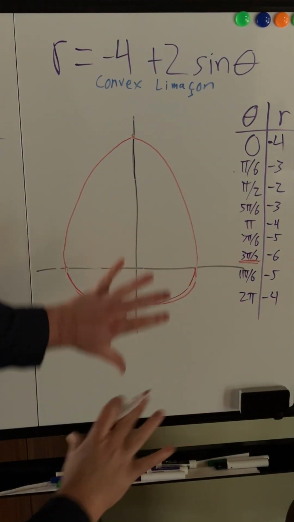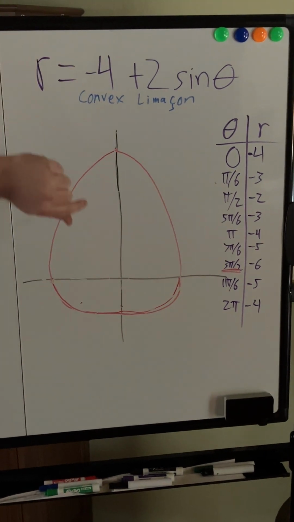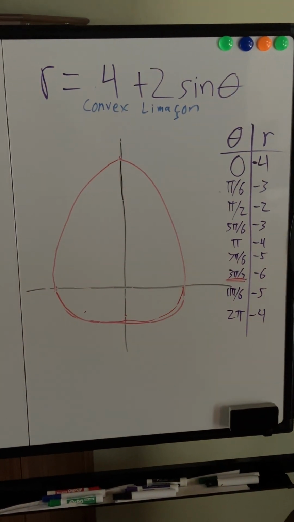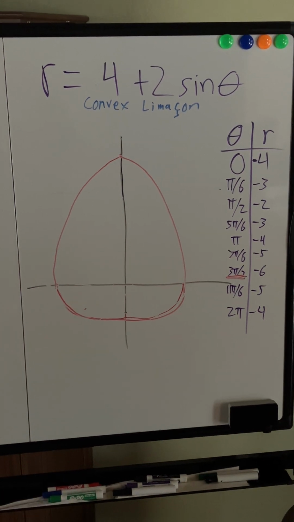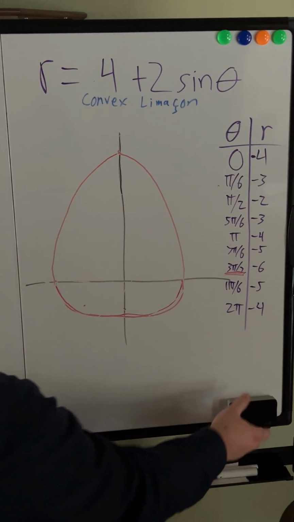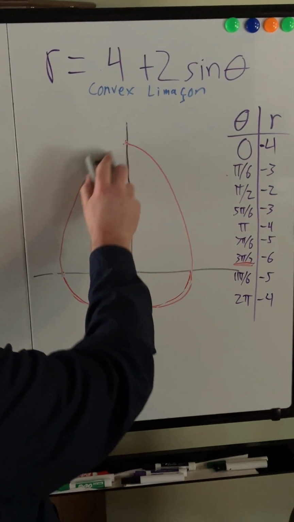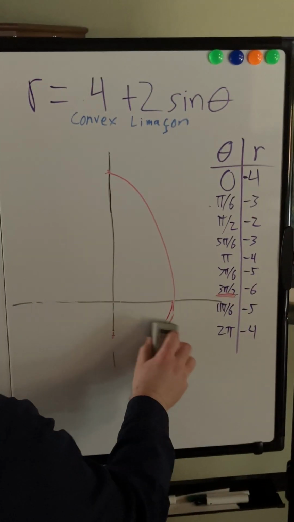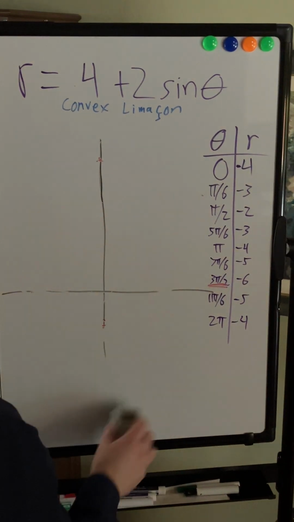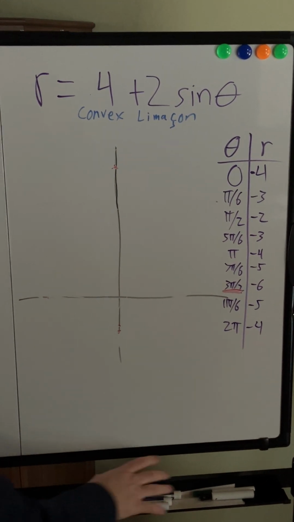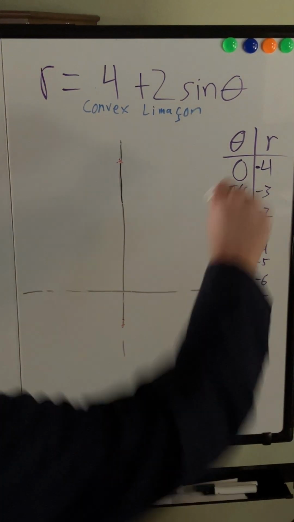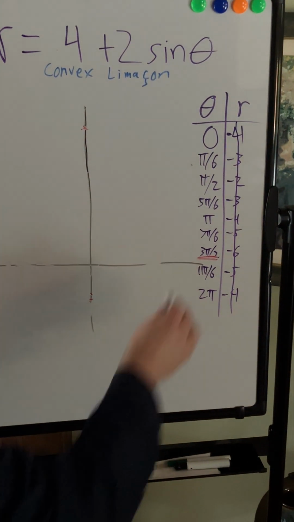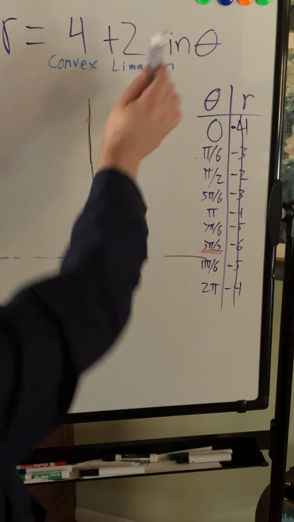Now let's say I instead had just 4 plus 2 sine theta instead of negative 4. Well, what would change? Let's look at how that would change this graph. All that's going to happen, if you look at these values, instead of these r values at 0, what am I going to have?